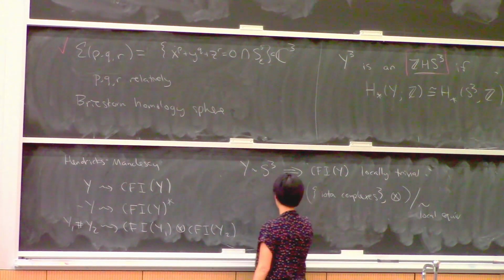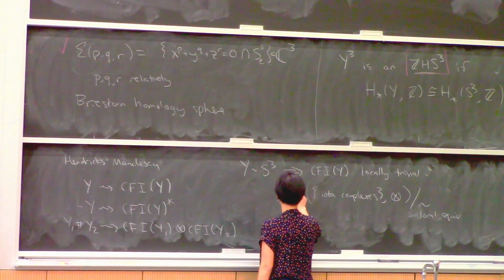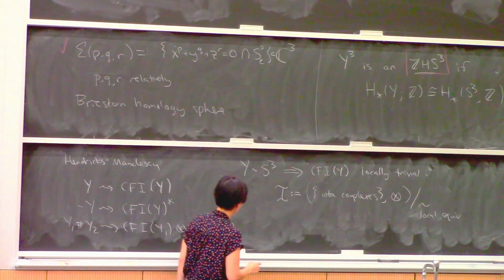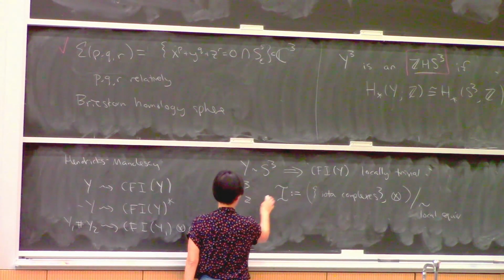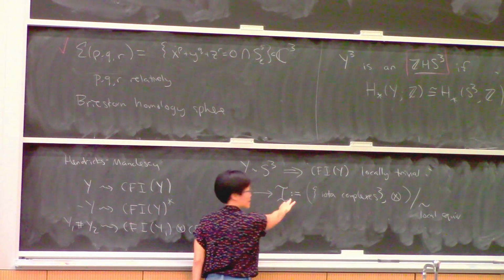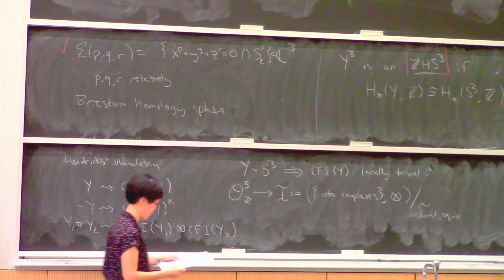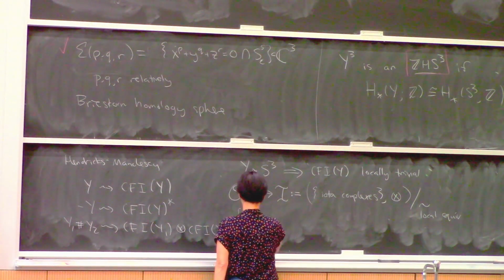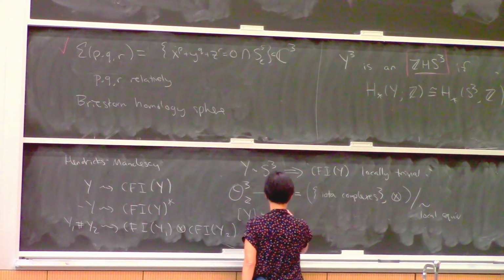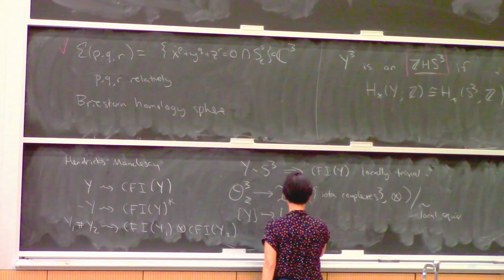This turns out to be a group. We get a homomorphism from the topological thing we're trying to study to this more algebraic thing that we have a hope of understanding better. That homomorphism just sends your three-manifold Y to the equivalence class of its chain complex.